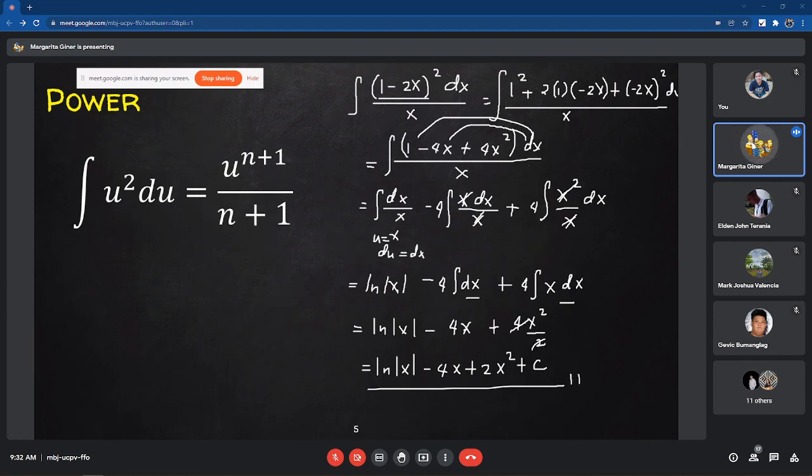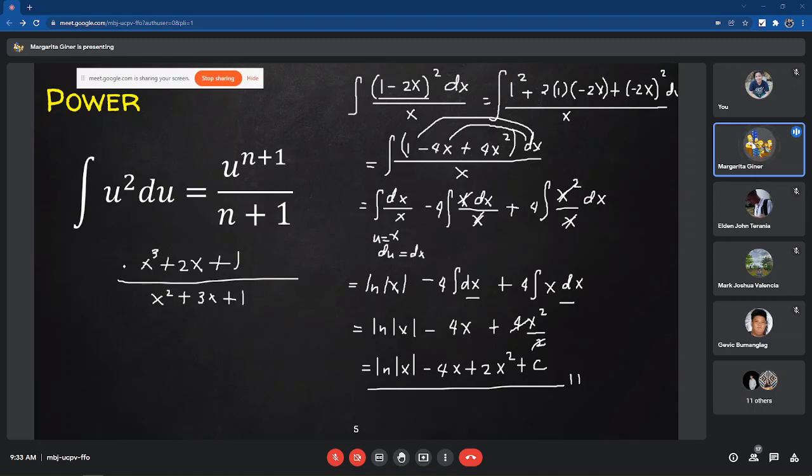So, as you can see, if you don't get it, you try to simplify the equation first before you solve for the antiderivative. There are some cases where the power on top is higher, let's say for example, x cubed plus 2x plus 1 divided by, let's say, x squared plus 3x plus 1.